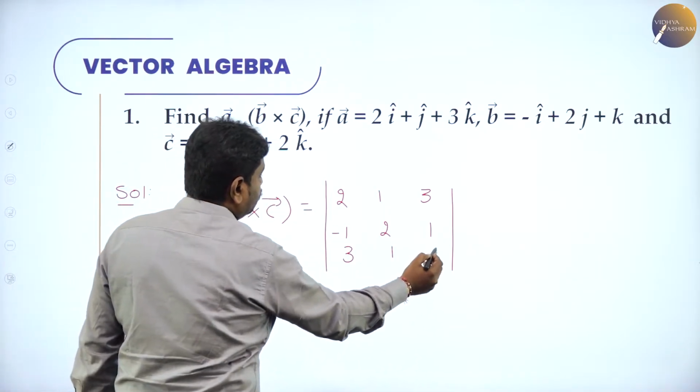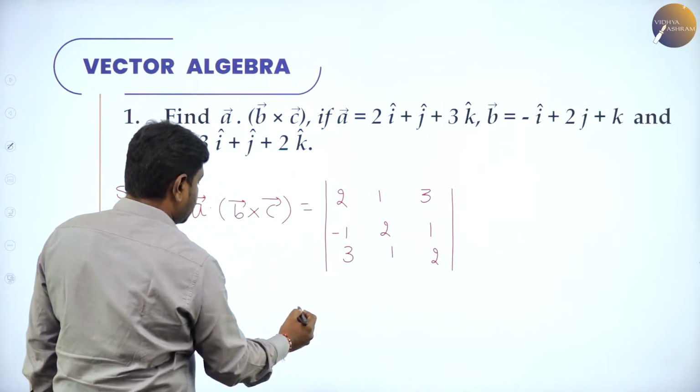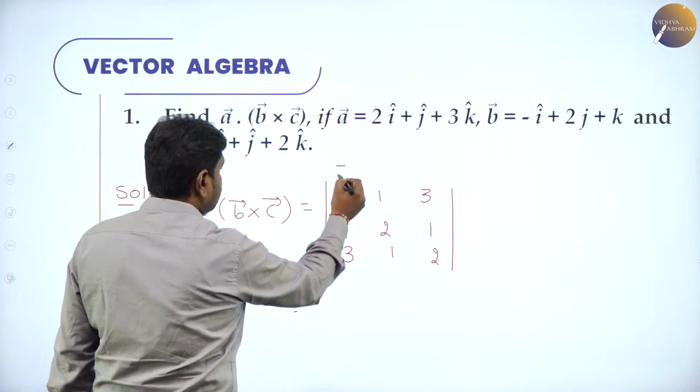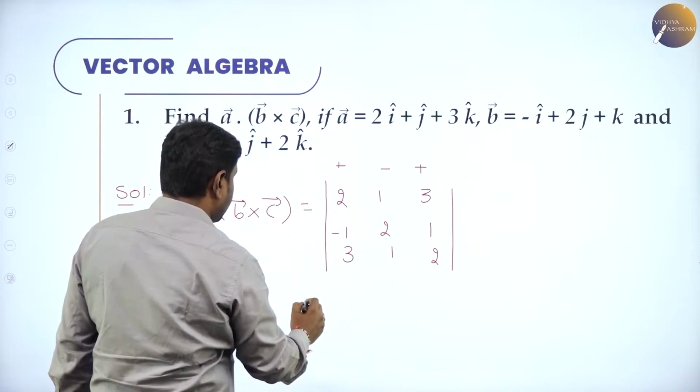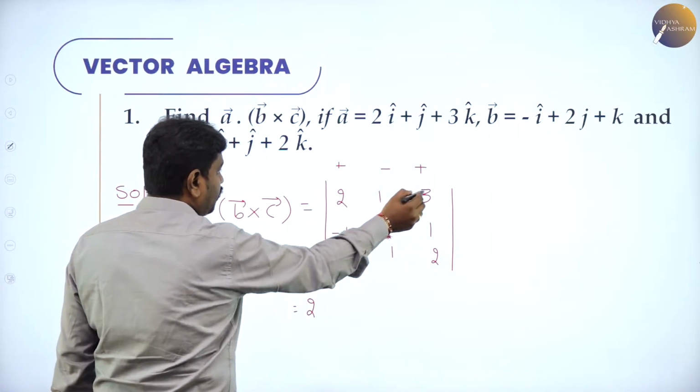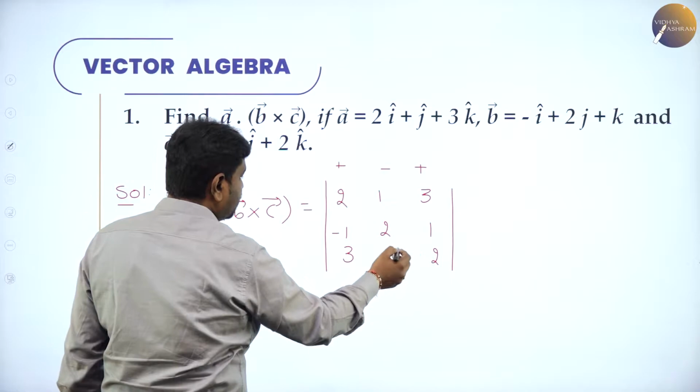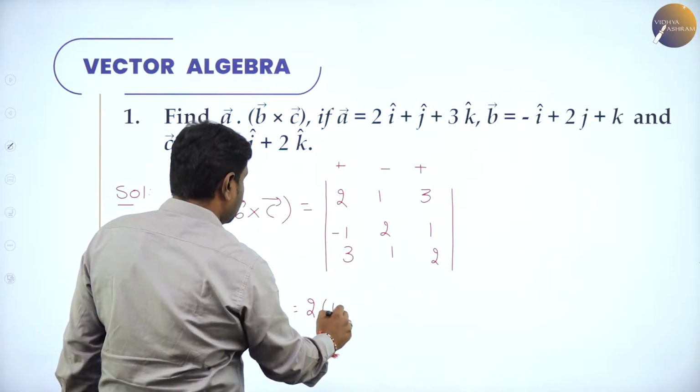Now expand this. If you expand, so plus, minus, plus. So 2 into, delete the column and row where 2 is. You are left with 4 elements. 2 twos are 4, minus 1 is 3.